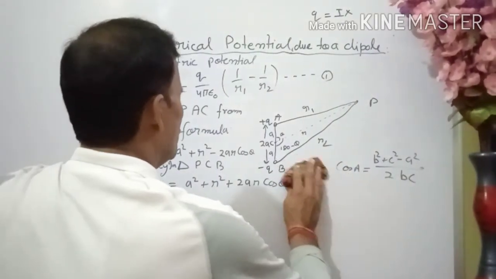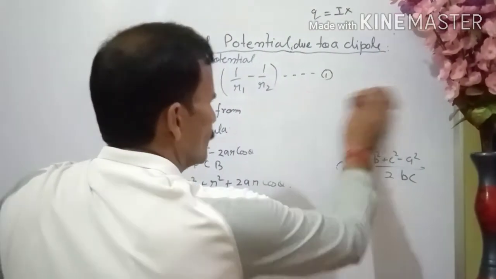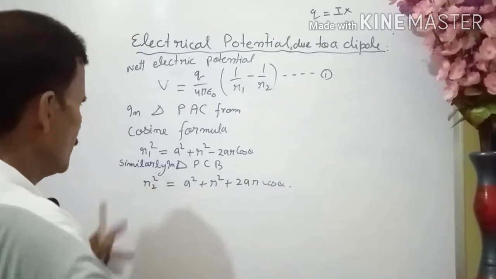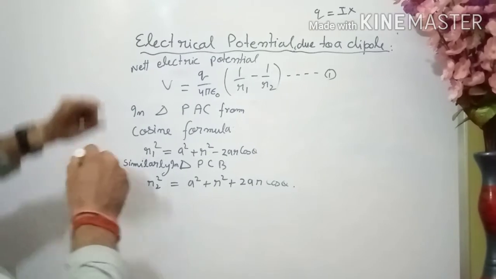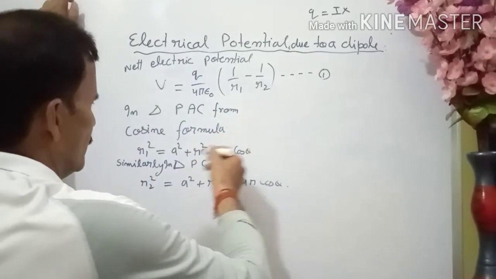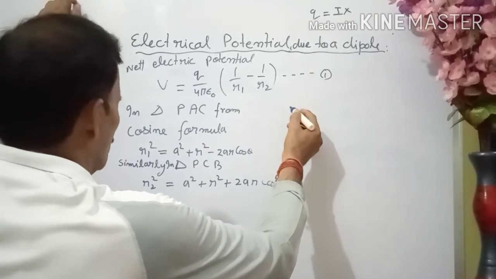Now with the help of these two, there is no need of the figure, so we are eliminating it. Divide by r square.